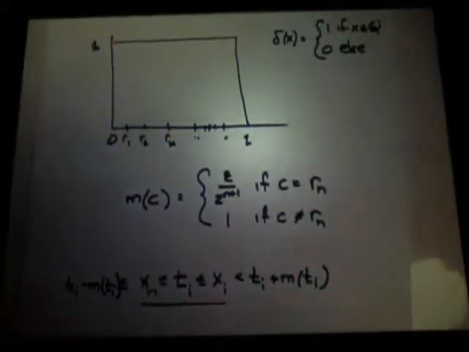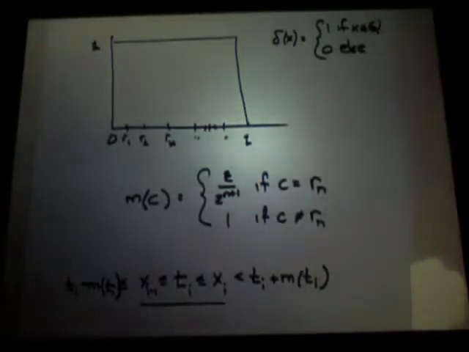I'm trying to set up a Riemann sum that does the same thing. You see where I'm going with this? I would like to surround the rational points with really, really small subintervals so that they don't amount to a hill of beans when I take the overall sum and estimate the integral. That's what I'm going to do.